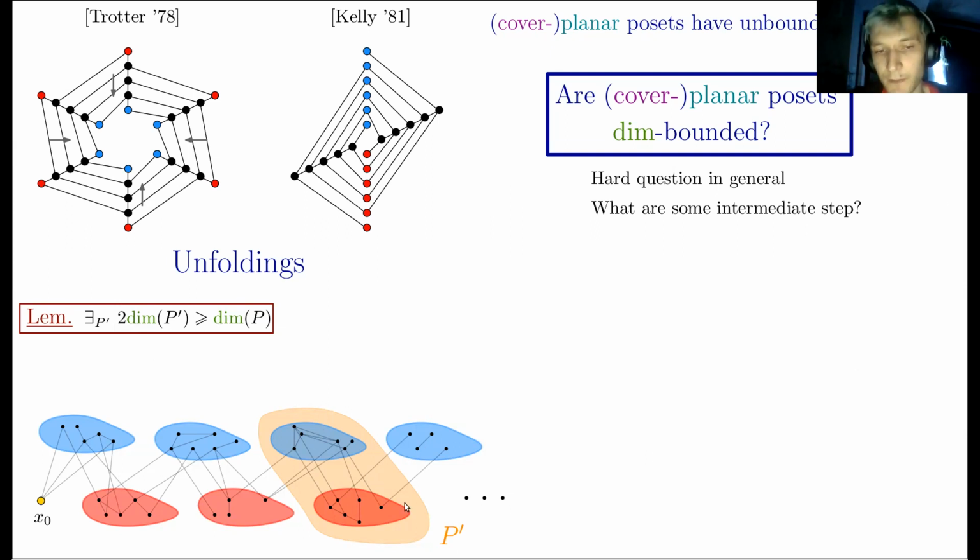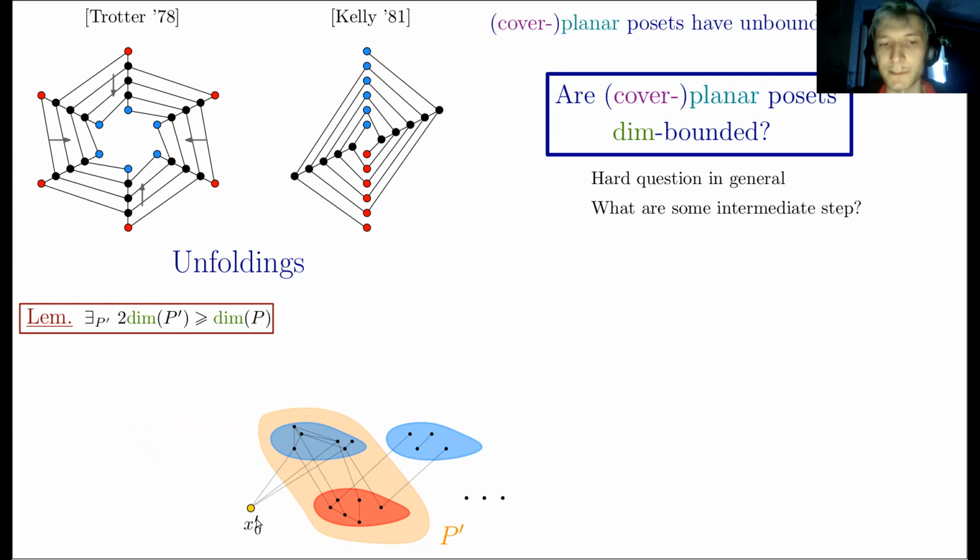Starting with only blue, only red, and forgetting about everything else is not the best idea, because then everything can happen inside. But remember that this blue didn't come from thin air. It came from the previous red. So we can take all this stuff which is before this blue and contract it to one vertex.